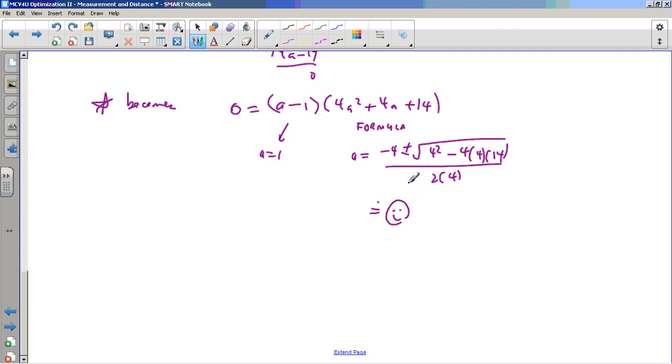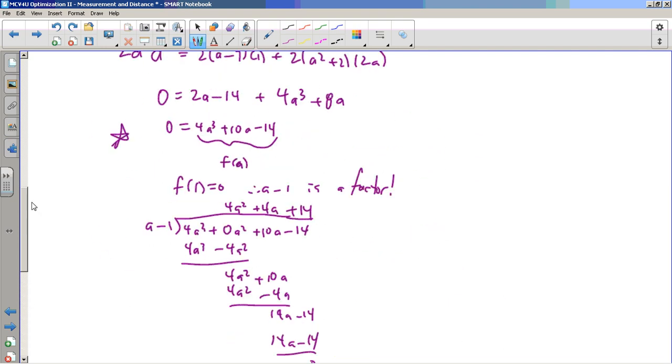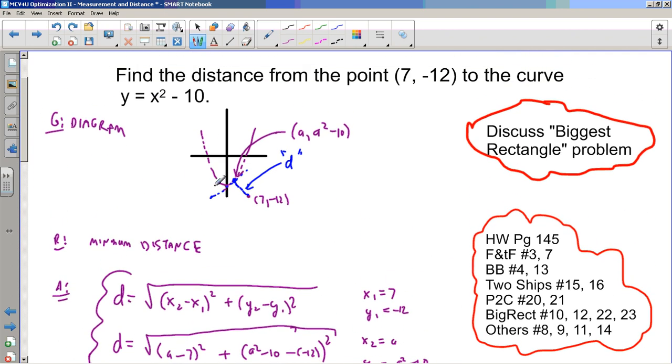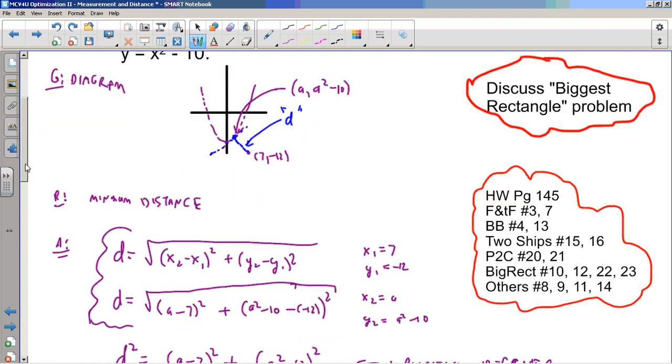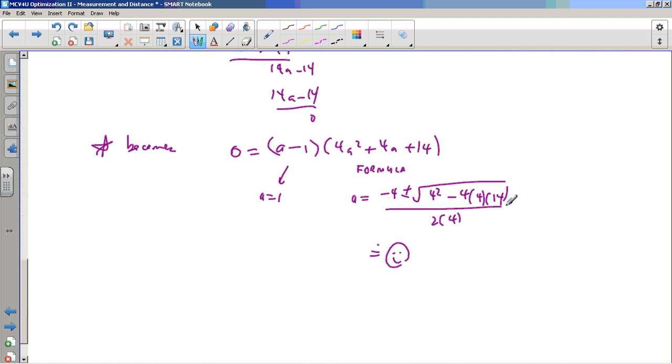What do I get? It's kind of surprising that I'd get 3 solutions, because it looks like there should be one solution. And there is actually, because what's underneath the root is less than 0.